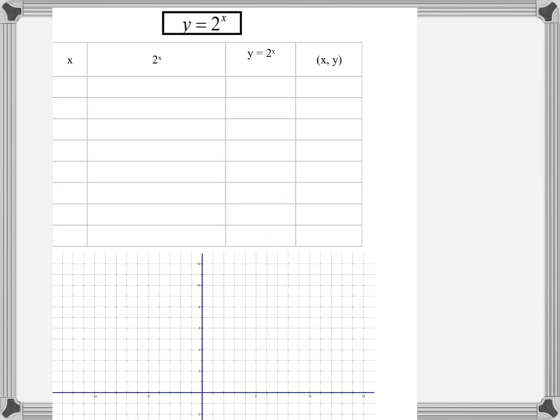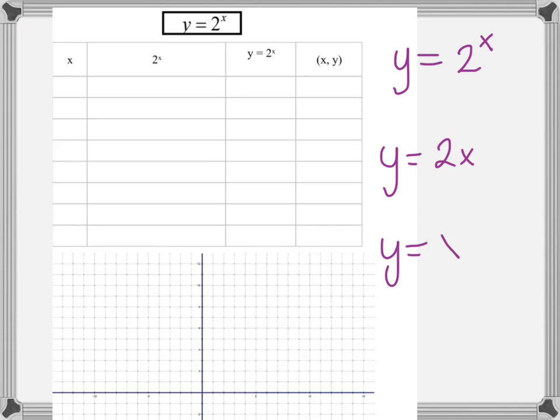So let's look at our first exponential function, that is y equals 2 to the x. Now notice we are used to looking at things like y equals 2 times x, where the 2 is being multiplied by the x. We are also used to looking at something like y equals x squared, where x is the base of the power, and 2 is what x is being raised to.